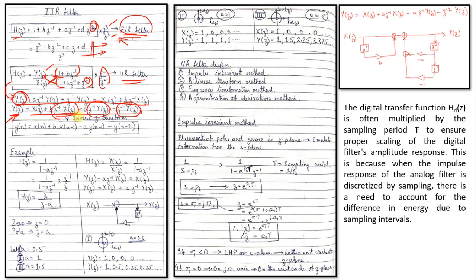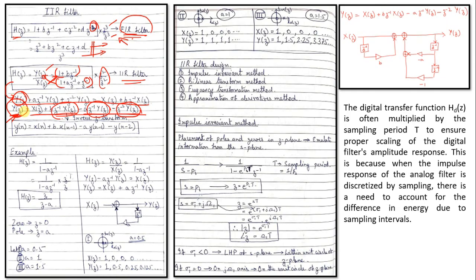Apart from this, the outputs of the previous instances are also taken into account to calculate the present output. So the output of an IIR filter is not only dependent on the present and the past inputs, but also on the past outputs. And this is what we mean by feedback systems. The past outputs are considered to calculate the present outputs.